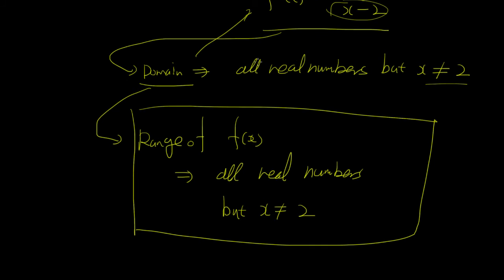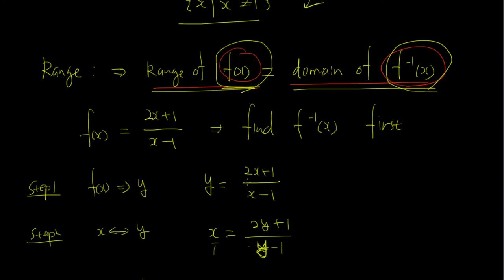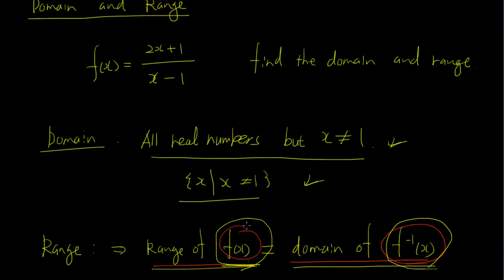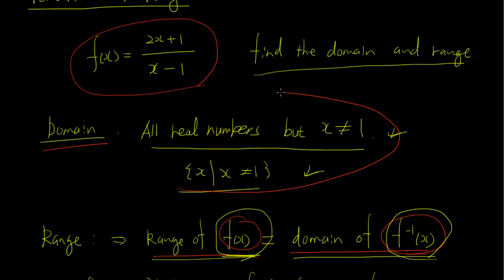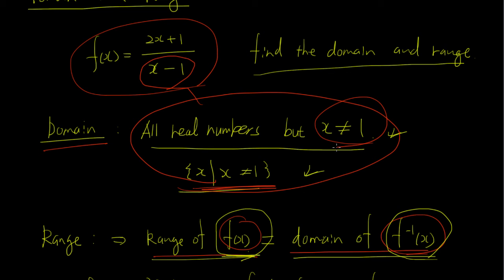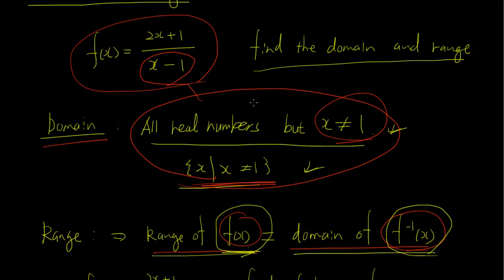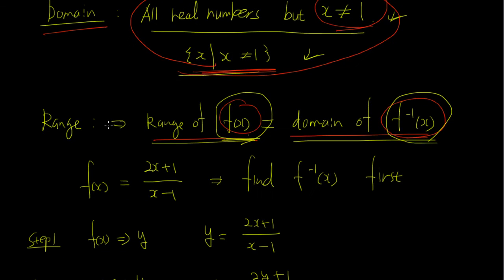So let's just recap. We wanted to find domain and range of this function. Finding domain was relatively easy because we just need to check the denominator, and we do not include that denominator value in our domain. In order to figure out the range of this function, we find the domain of the inverse function because they are the same thing.